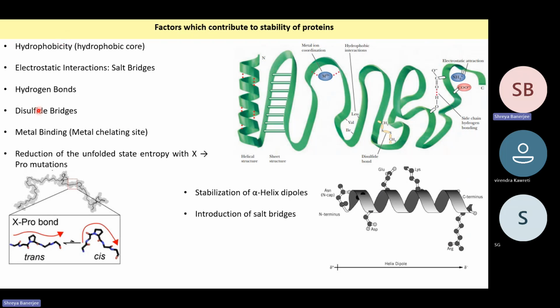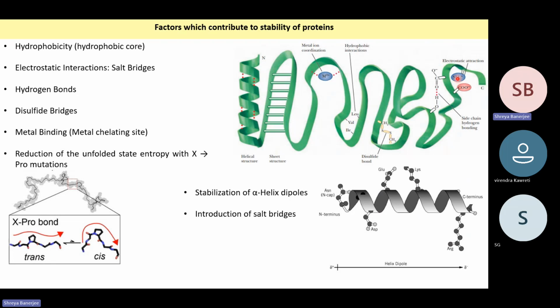Now let us look at the factors which affect the stability of a protein. One is hydrophobicity. So hydrophobic interactions, when you have aliphatic side chains like leucine, valine, isoleucine, they can have hydrophobic interactions, which are basically non-covalent van der Waals interactions. There can be electrostatic interactions or salt bridges.